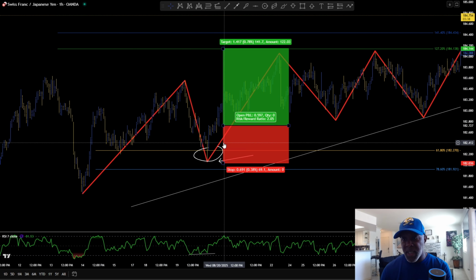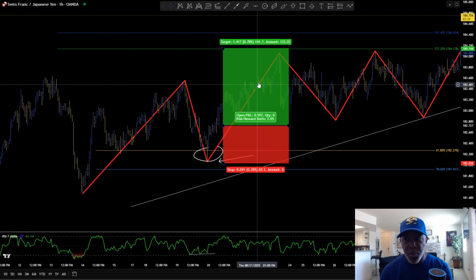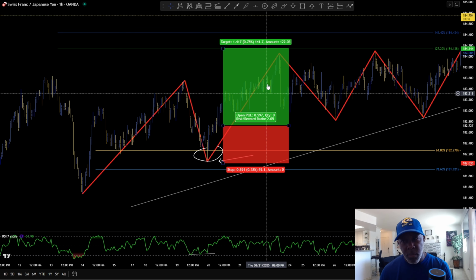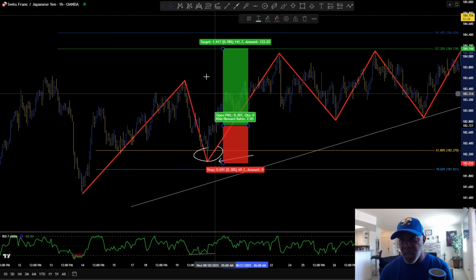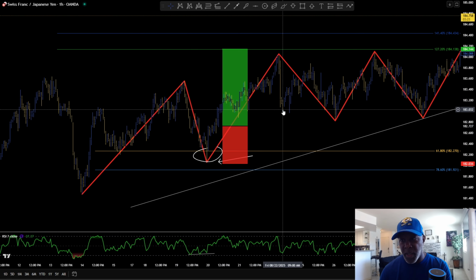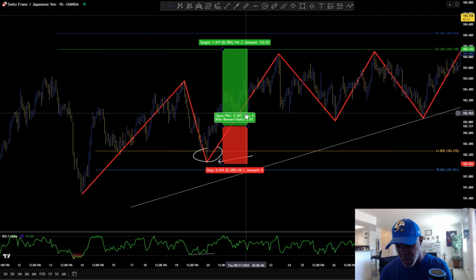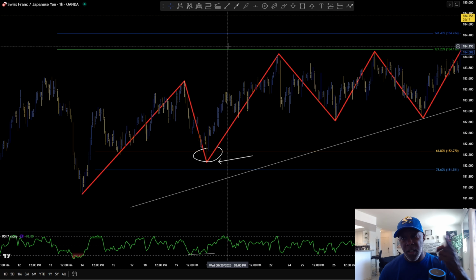With stops below the wick, I don't think any trader would have completely blown this thing up and lost. I'm pretty sure they would have been managing this up along the way. This would have been a 2-to-1 risk versus reward. I just wanted to talk about the entry in the trend because that's where these opportunities are going to be present while using the Fibonacci extension to extend for targets.